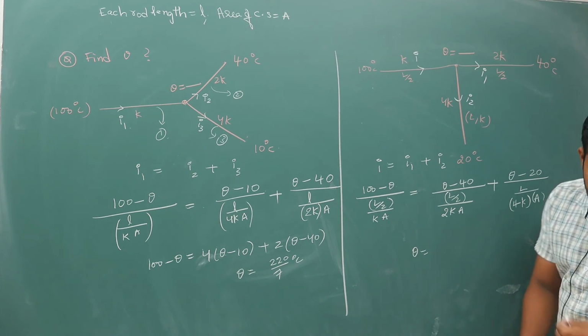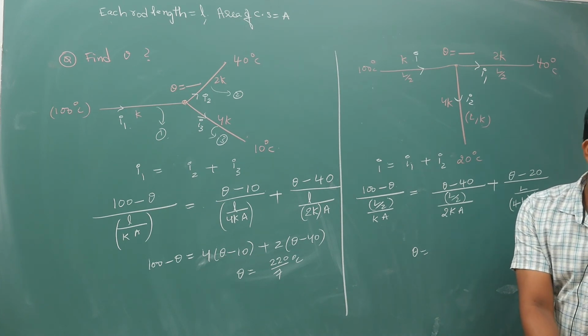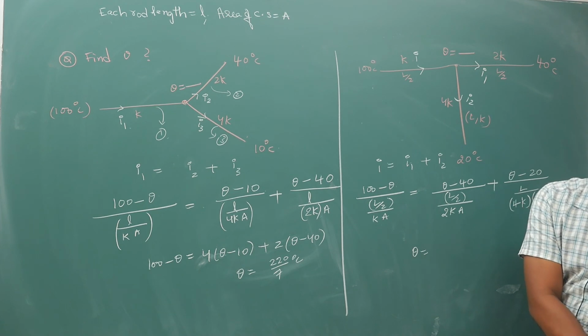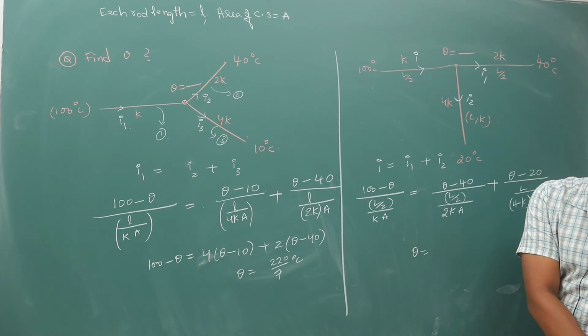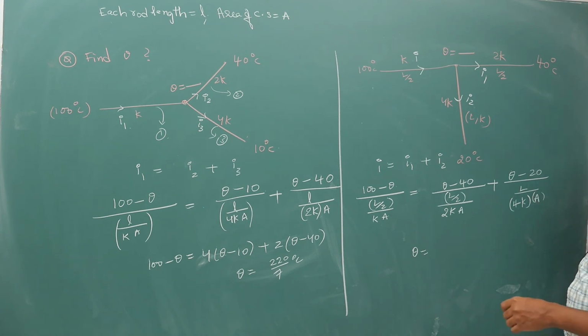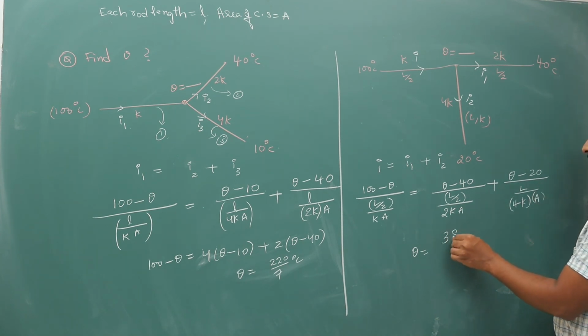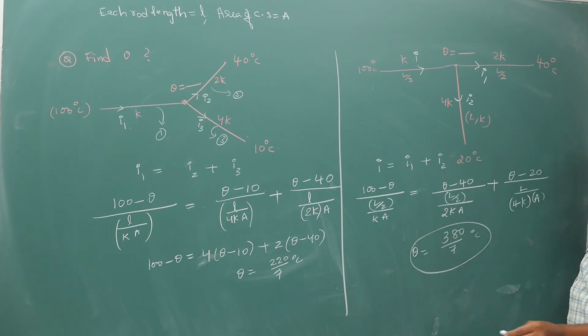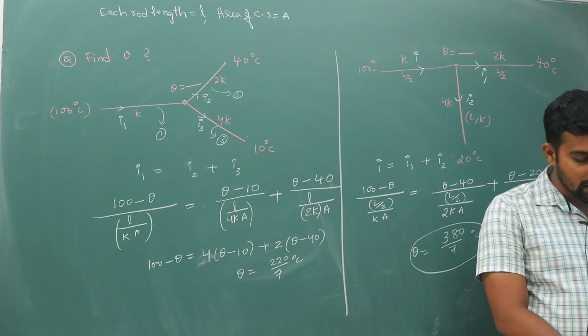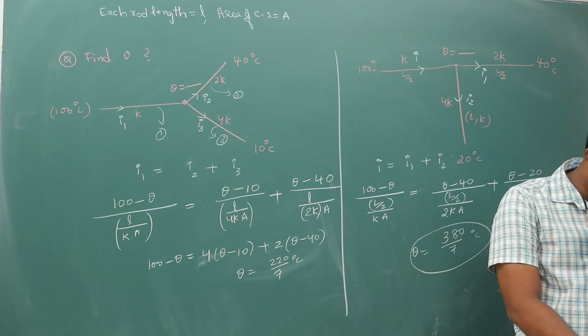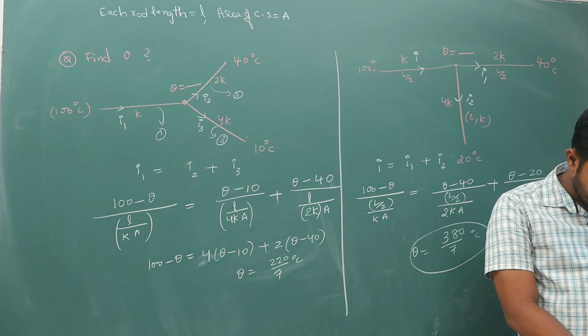If you are failing to simplify the maths, then you do not know maths. Physics part is only this much, so you should be getting 380 by 7 degrees centigrade if you are simplifying everything correctly. I don't know, check the calculation, but mostly this will be correct. It will not be wrong.